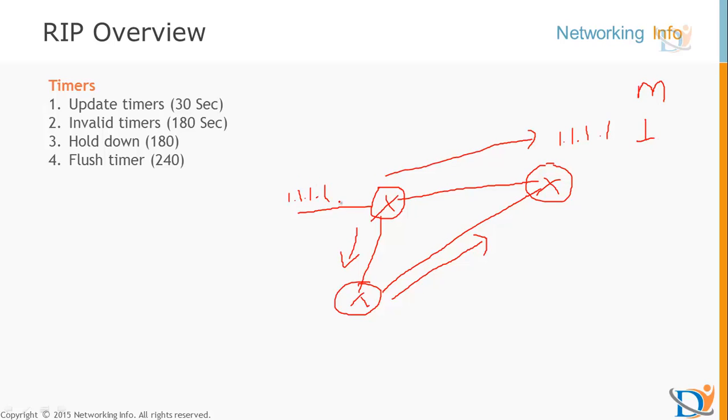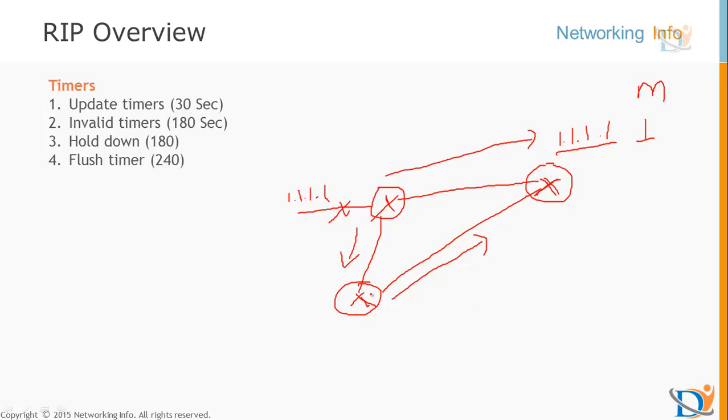So if this link goes down now, what will happen? This router did not advertise 1.1.1.1 to this router till 180 seconds. Then this router is going to start the hold down timer and going to see, okay, I have this route, but still I am waiting if anybody knows.